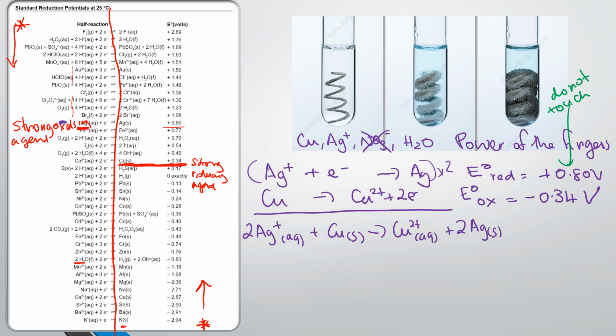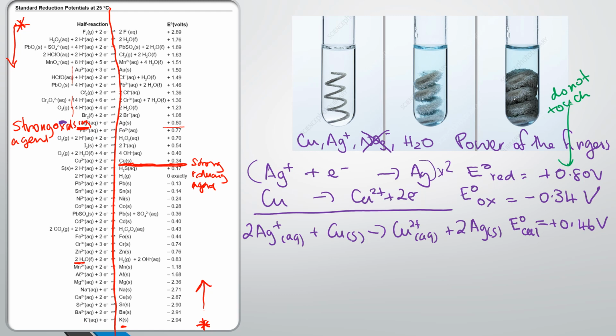Now to work out the E0 for the cell, and that's what it's called when you put the two together, you add the two values together. So plus 0.8 add negative 0.34 becomes positive 0.46 volts.